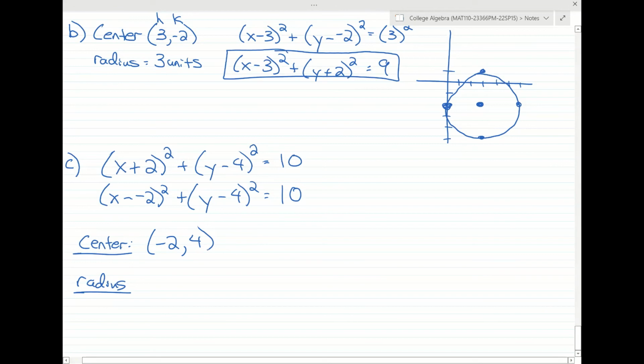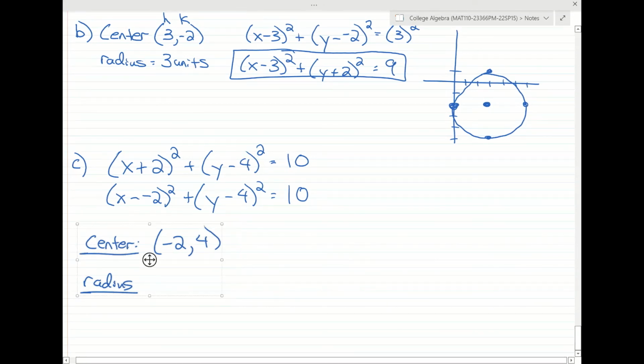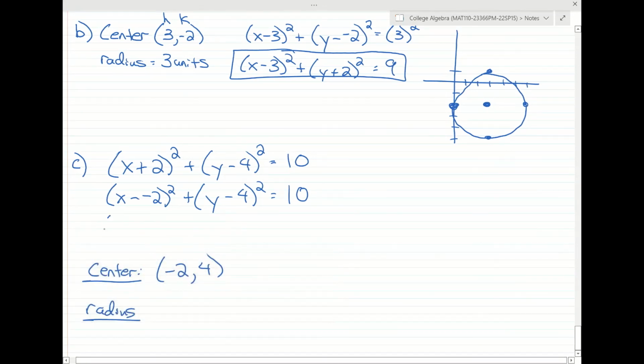What would the radius be? Remember the formula: x minus h squared plus y minus k squared equals r squared.